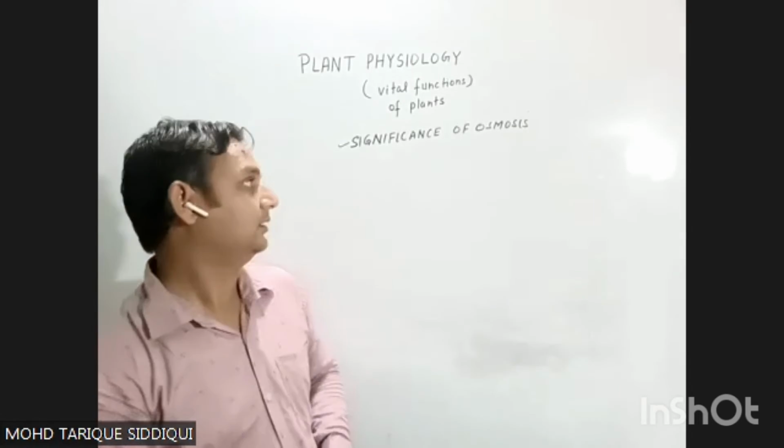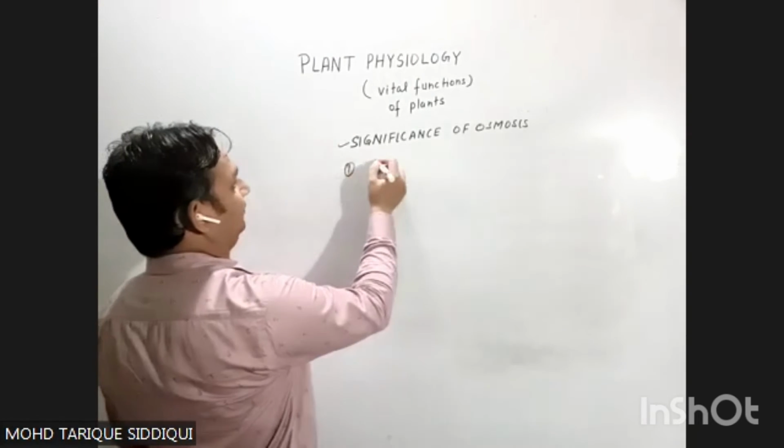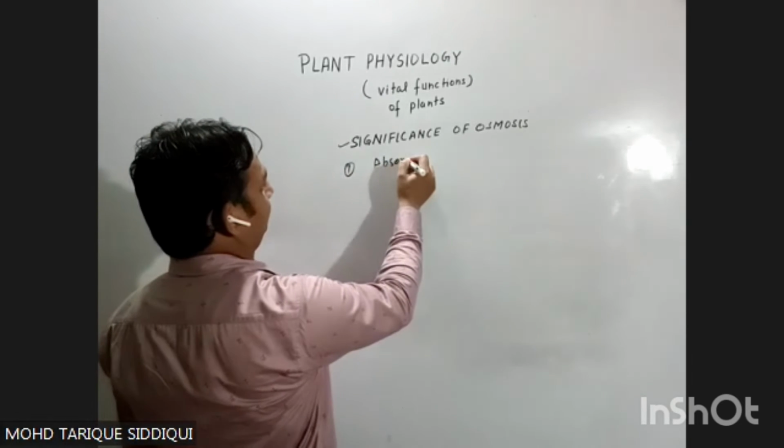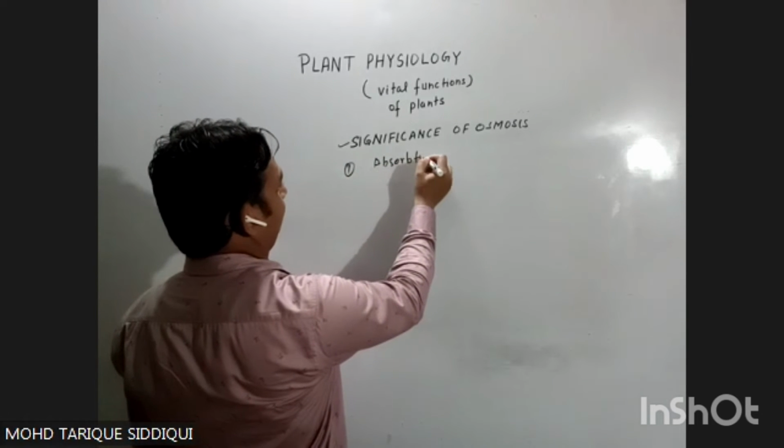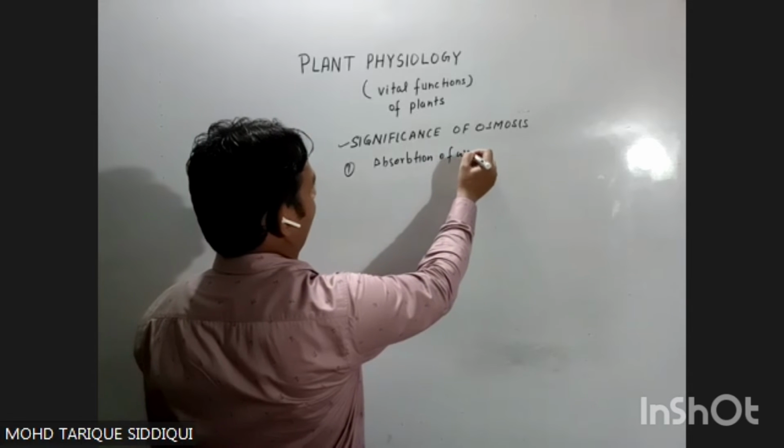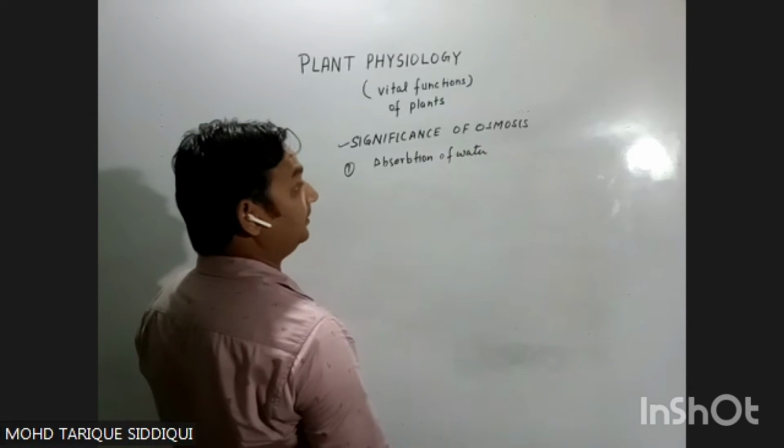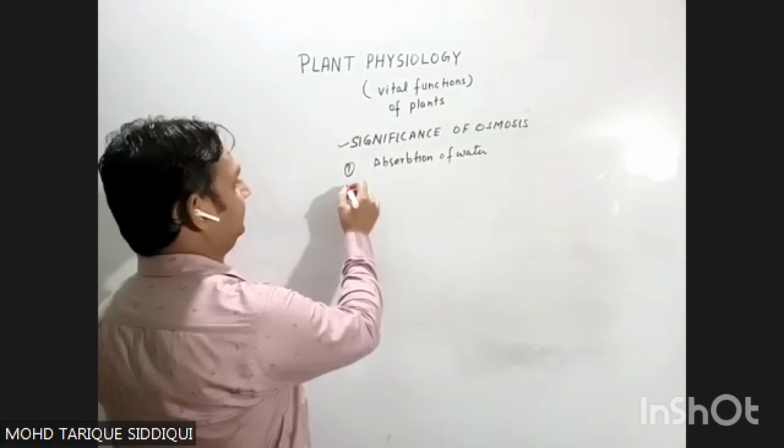So, absorption of water from the soil by the root or root hair by osmosis or endosmosis.